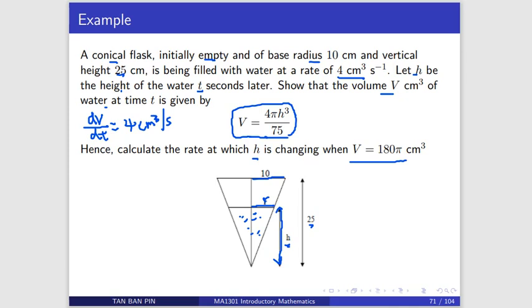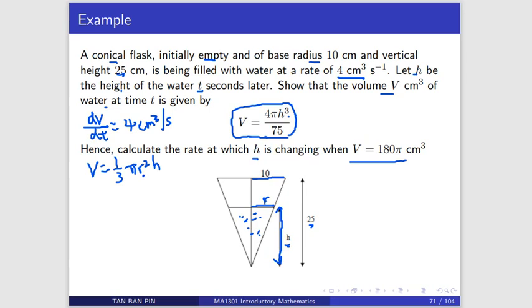For a conical flask, the formula is V equal to 1/3 pi R squared h. Here you'll find that it's without R, so you must try to replace R by h.